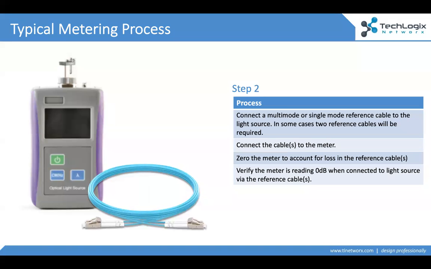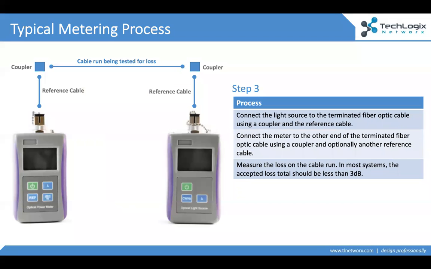It takes the loss that's being introduced from that reference cable out of the picture. So now when we connect that reference cable to our meter, to our light source, we're now only measuring the loss on that trunk cable. Okay, the reference cables have been zeroed out.